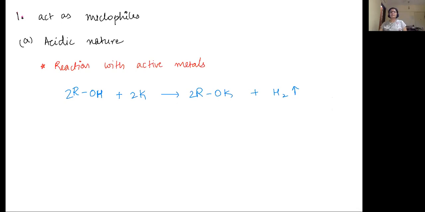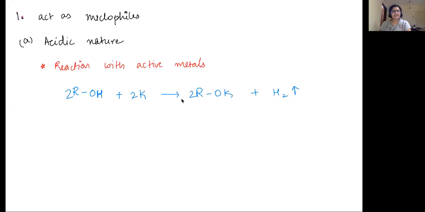Replacement, yes, of course, but not in the context of alcohols. Aryan is giving an example of halides with metals. Okay, but is there a displacement of hydrogen in that case? I don't think so.